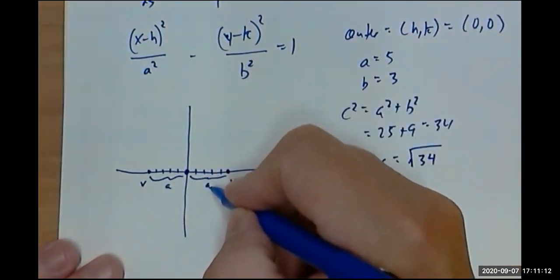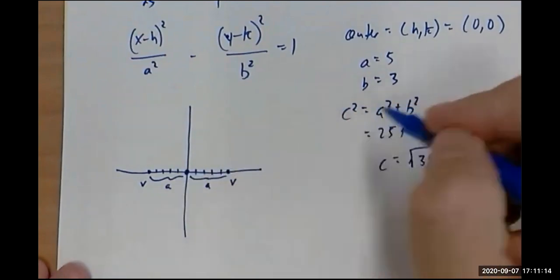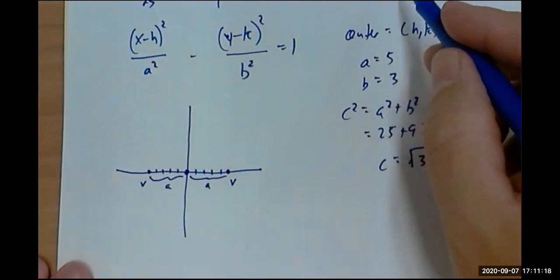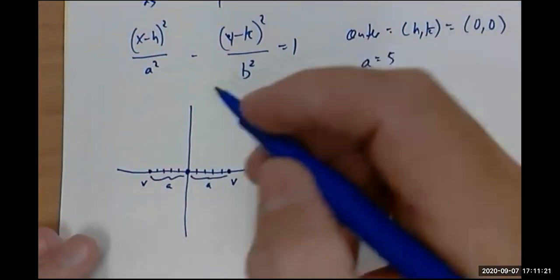Then, in this case, A is left and right, since it's a left-right hyperbola. B, you go up and down.